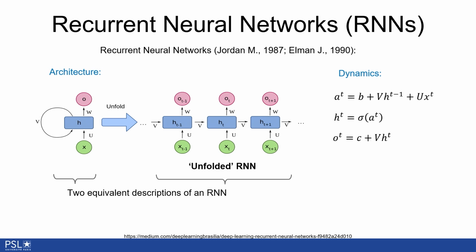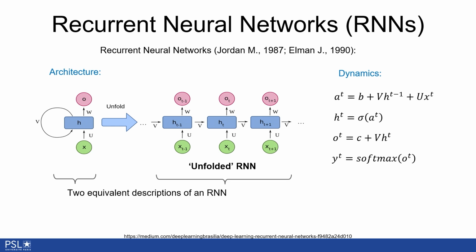Given the new hidden state, we can then compute the output at time t, o_t, by multiplying by the output weight matrix W and adding a bias vector c to all units. Finally, to have probabilities at the output layer, we normalize the activations of the output layer using softmax, which we denote with y_t.